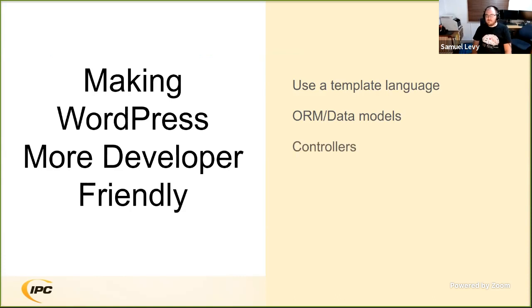We'd like to have controllers for actually managing certain parts of the page and certain types of pages. It'd be great to see a little bit of dependency injection so we can pull some bits of the environment in more easily. Request routing, that'd be absolutely fantastic if we knew what we were going to get or where it was going to go predictably.